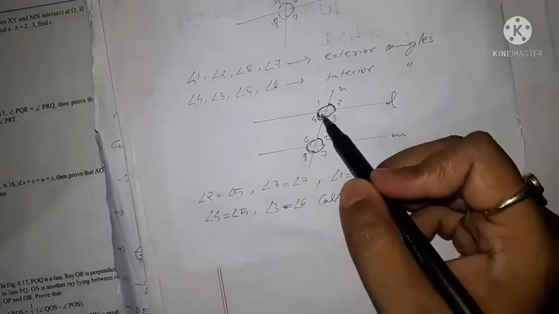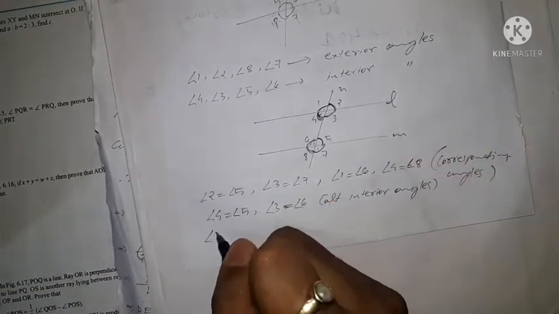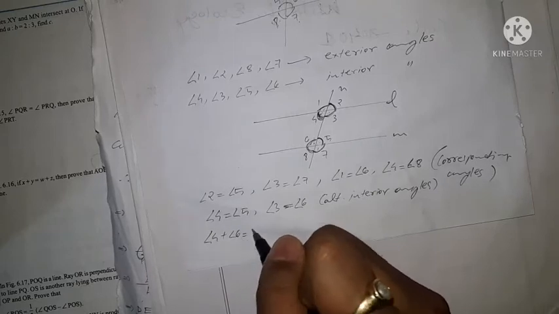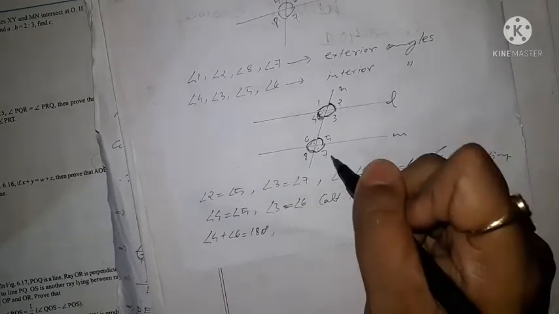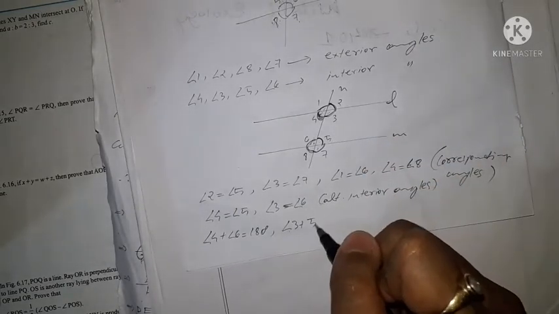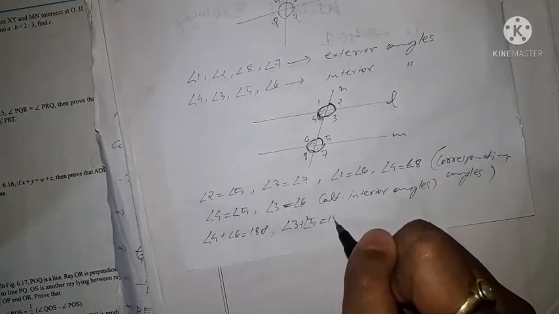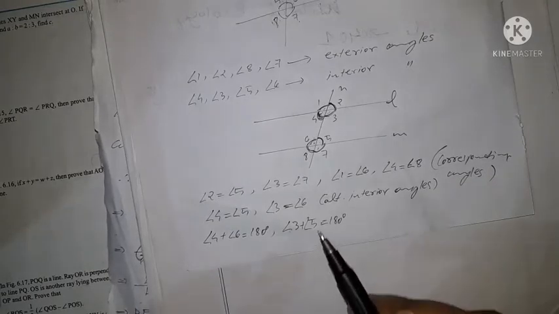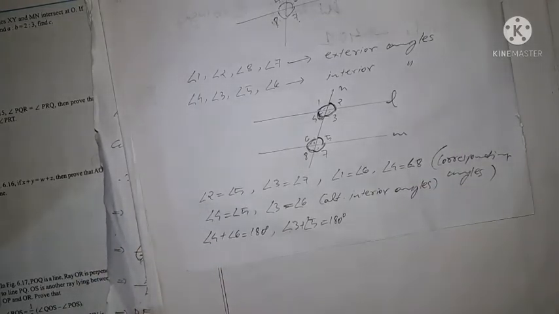So we can write that angle 4 plus angle 6 equals 180, and similarly angle 3 plus angle 5 equals 180. These are some of the properties that we have learned in the earlier classes.